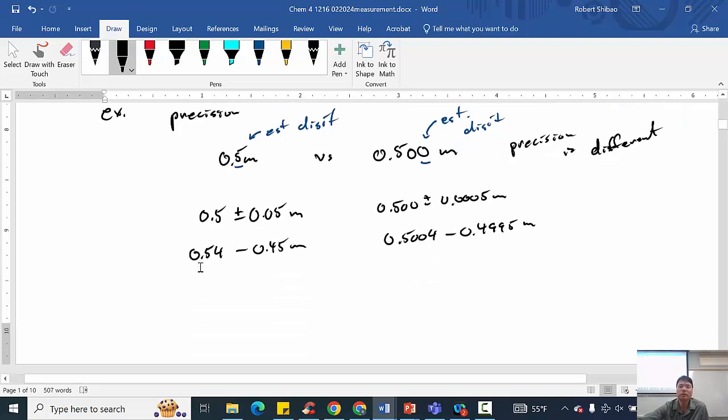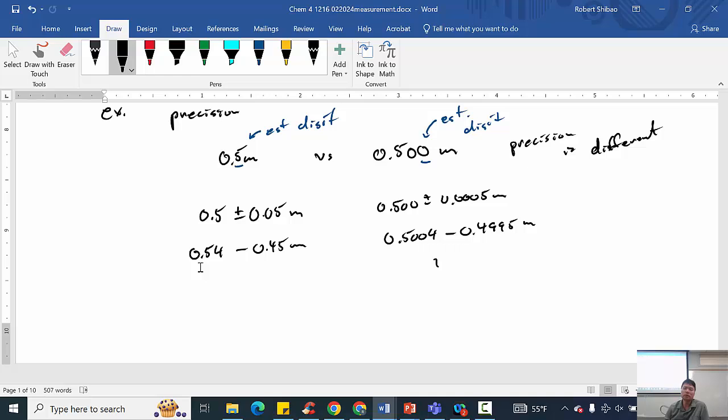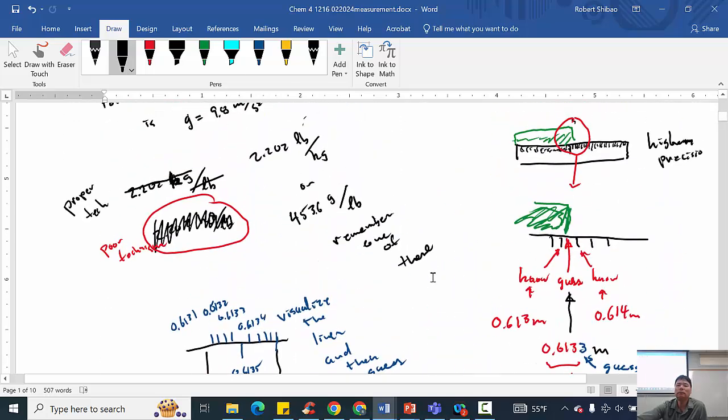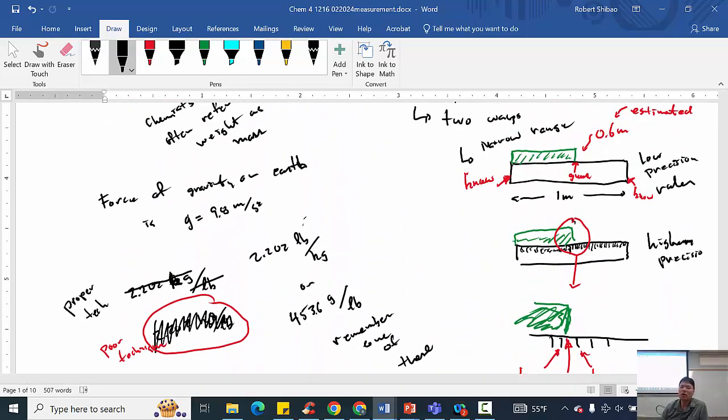And so we see a difference in the precision. This measurement has much higher precision. And therefore, we say that this one is a low precision ruler, this is a high precision ruler.